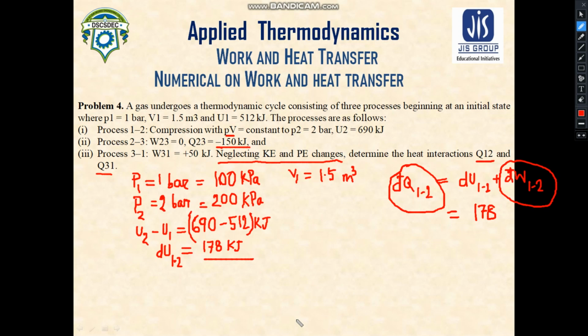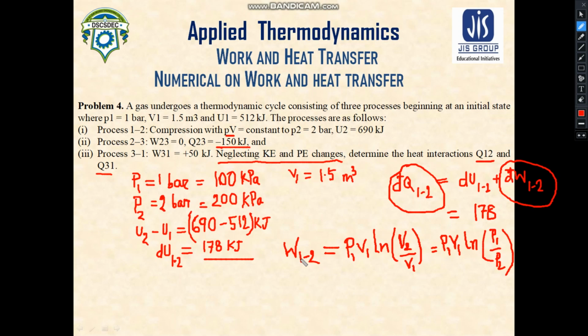Work done in an isothermal process can be written by the formula P1 V1 ln V2 by V1. So the work done for an isothermal process 1 to 2 is given by P1 V1 ln V2 by V1, which can also be written as P1 V1 ln P1 by P2.